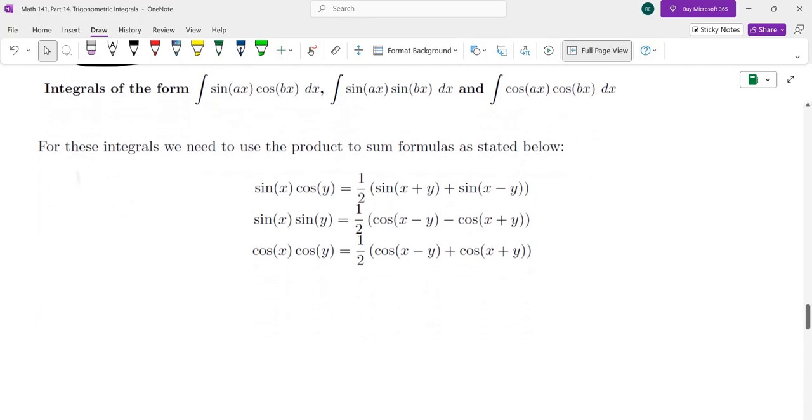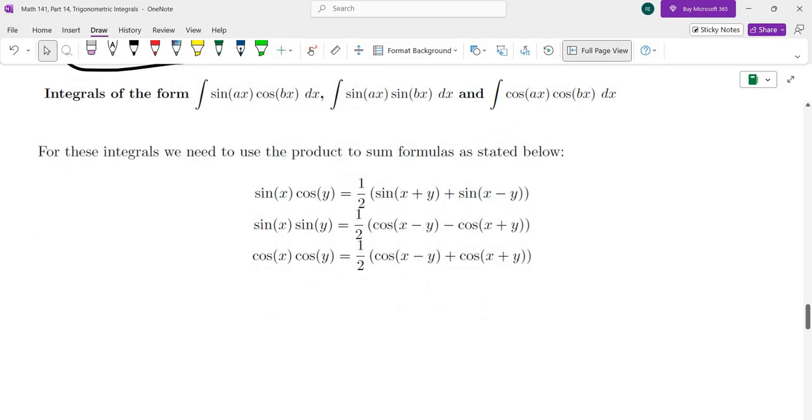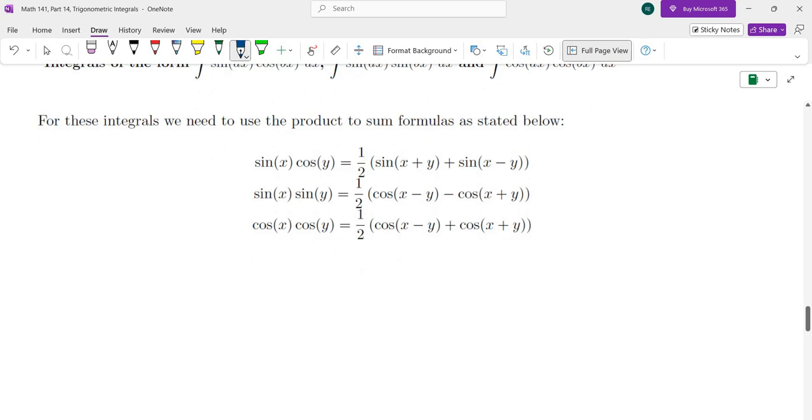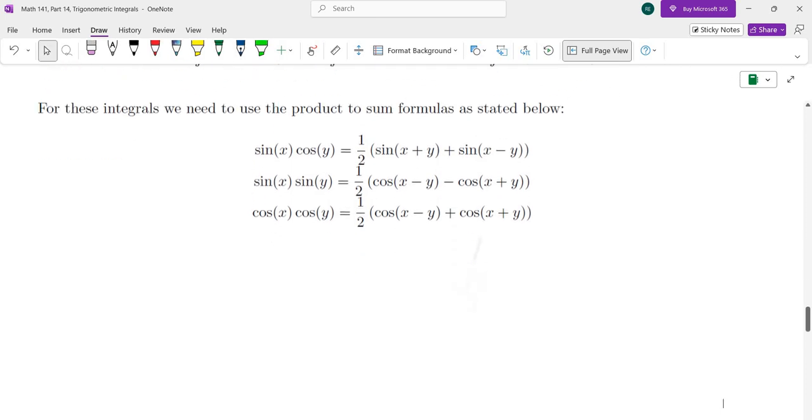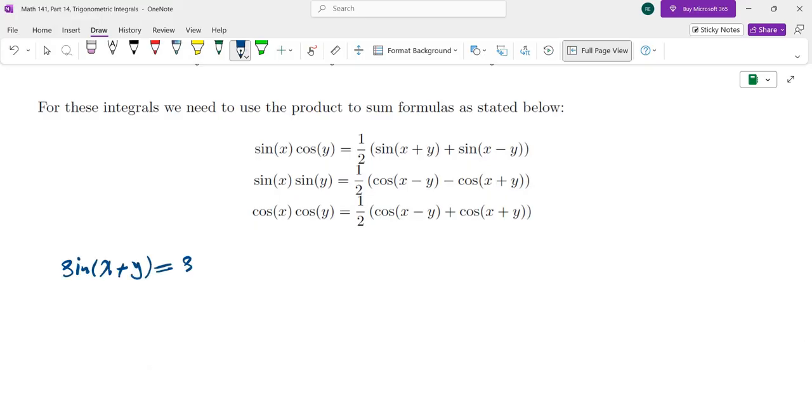So the last type of integral that we learned today is about integrals of products of sines and cosines, but the angles are different. For that, we use 3 trigonometric identities. Now, if you don't remember these identities, you might remember these better. Sine of x plus y is equal to sine x cosine y plus sine y cosine of x.